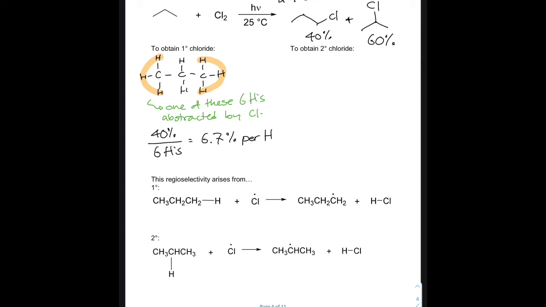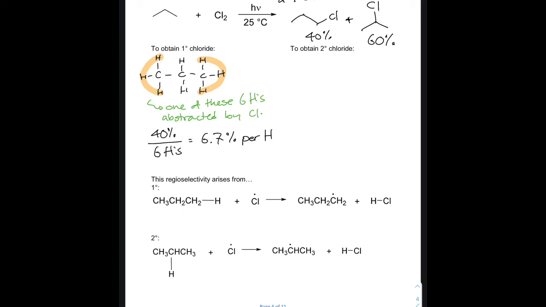So each primary hydrogen has a yield of 6.7%, or you could think of that as a reactivity value of 6.7%. By itself it doesn't really mean anything, but relatively it means a lot.